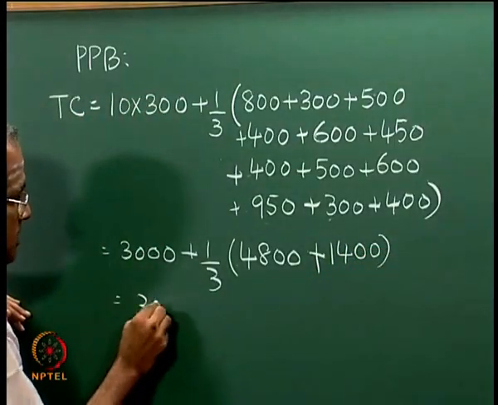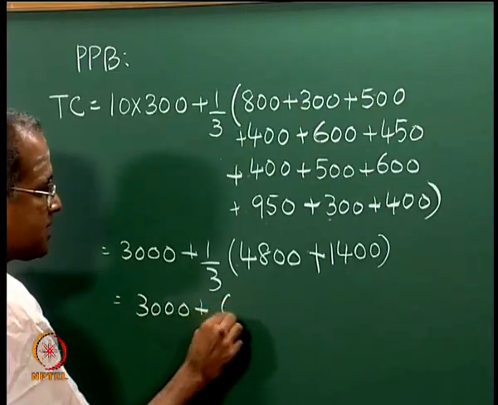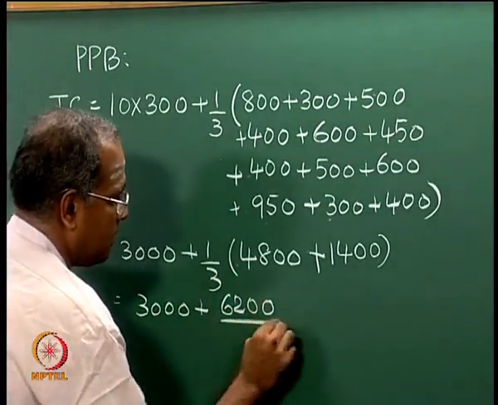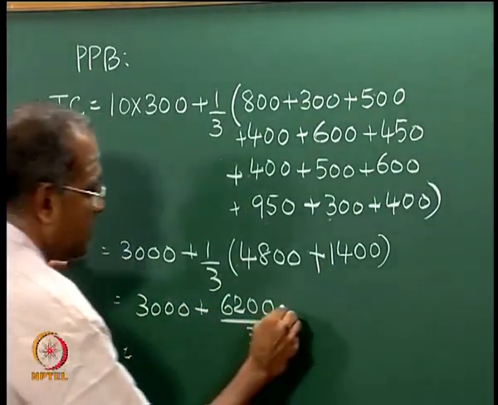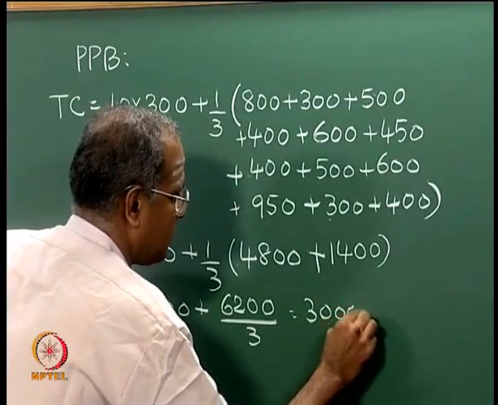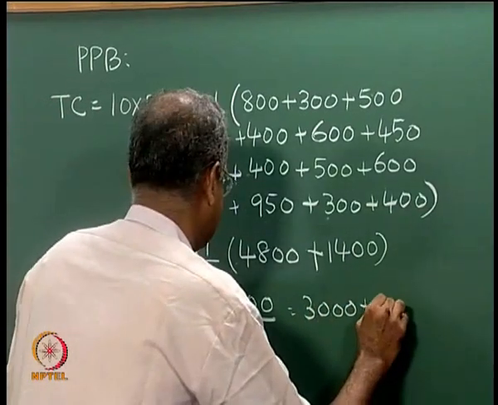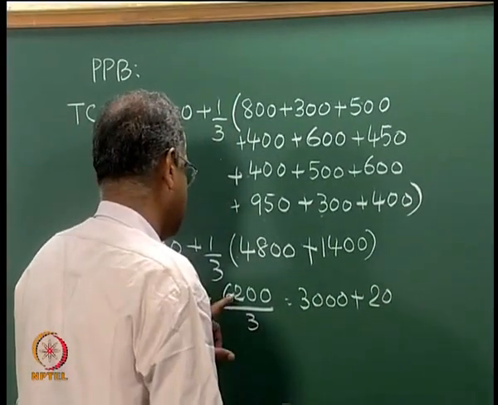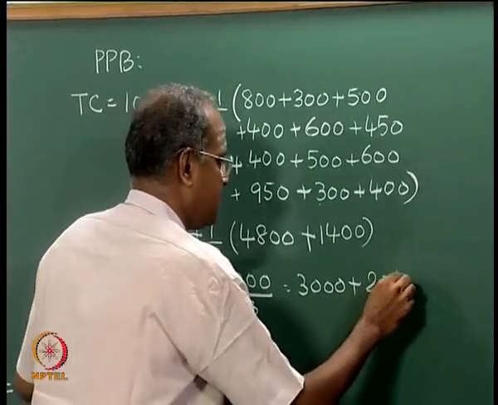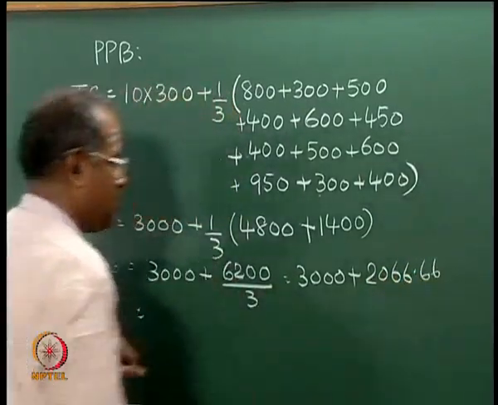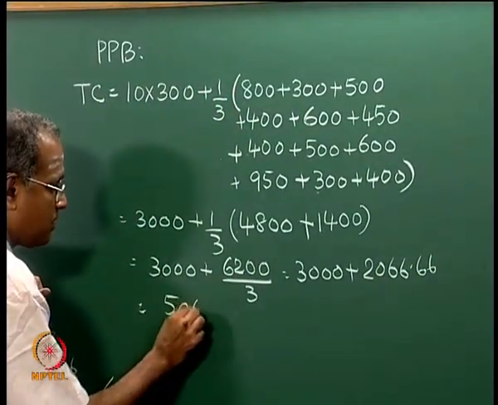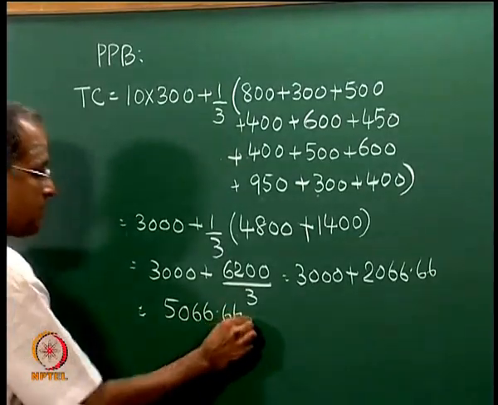So this is 3000 plus 6200 divided by 3, this is 3000 plus 2s are 6, 0, 6 are 18, 66.66. So this is 5066.66.